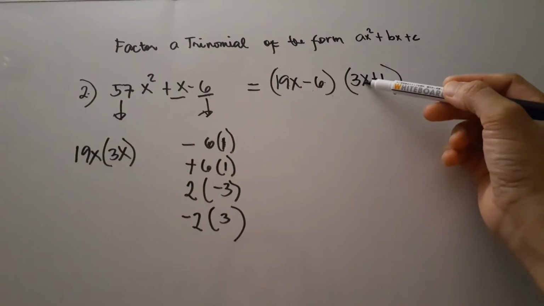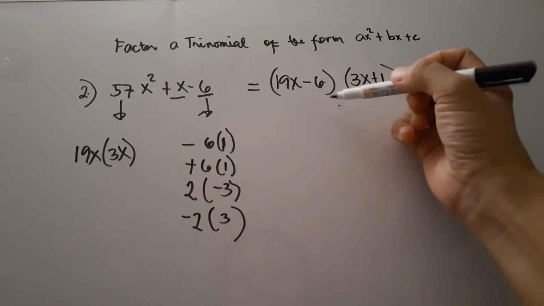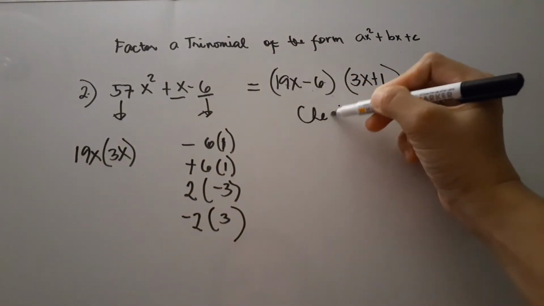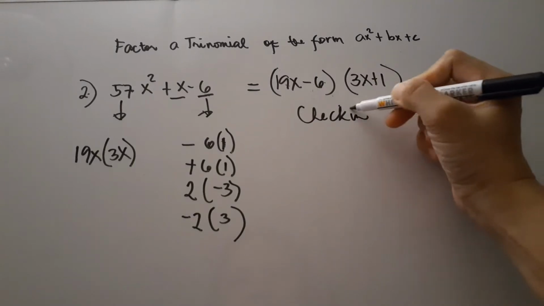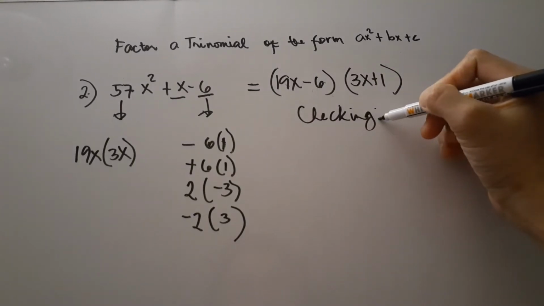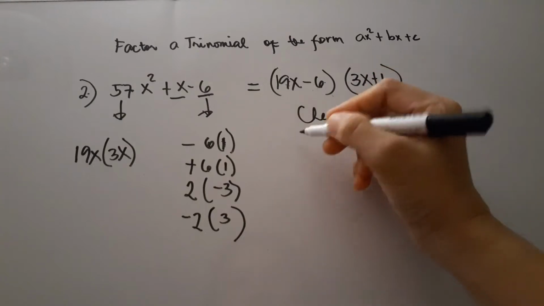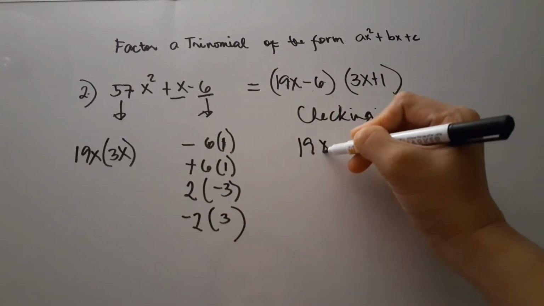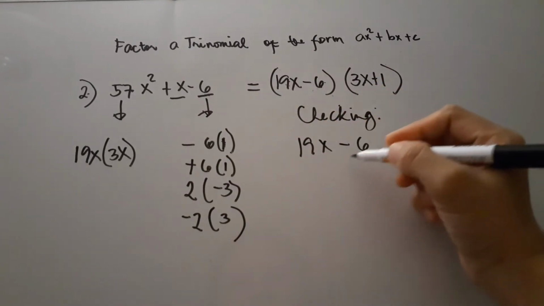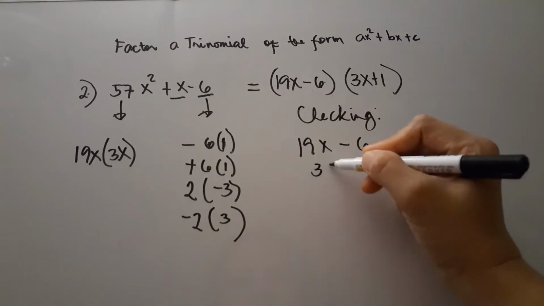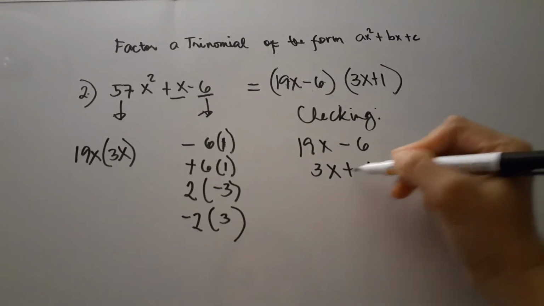Then let's check. In checking, we use the multiplication process. Remember that you should know the multiplication of polynomials before factoring. Then 19x negative 6 times 3x positive 1.